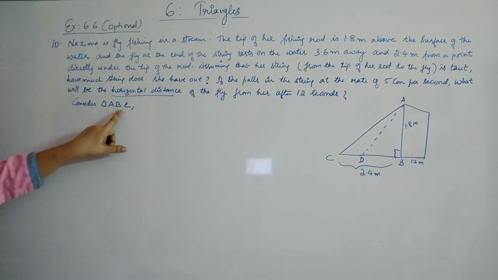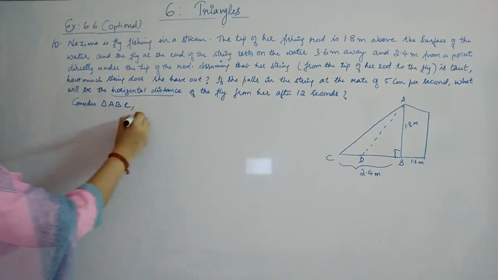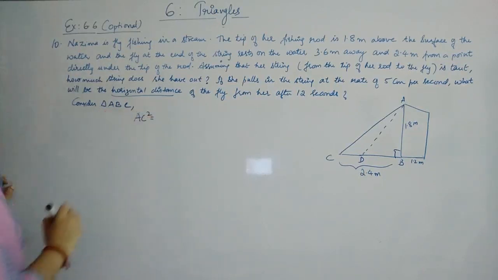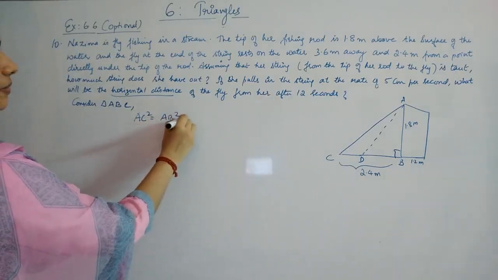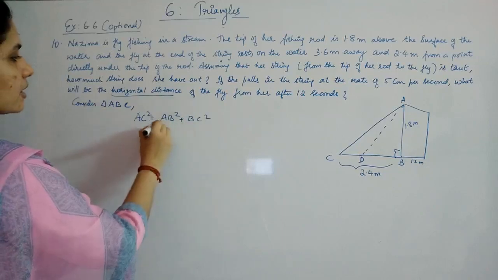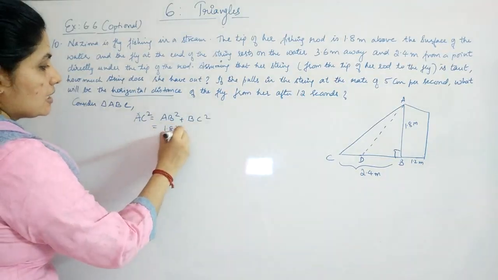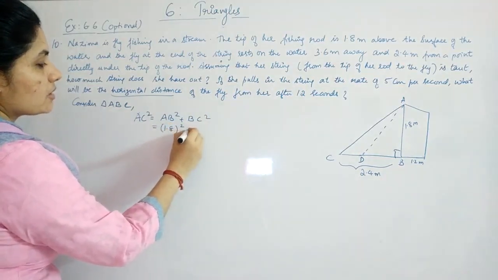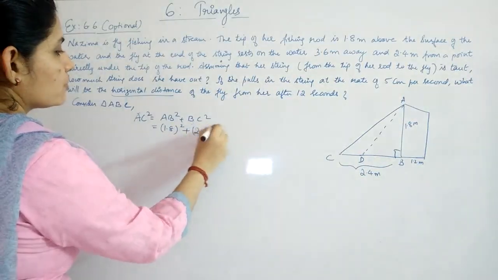So first we are considering triangle ABC, which is again a right angle triangle. So you are using Pythagoras theorem there. You will get AC square is equal to AB square plus BC square. AB is given to be 1.8 meters, so 1.8 the whole square plus BC is given to be 2.4 whole square.